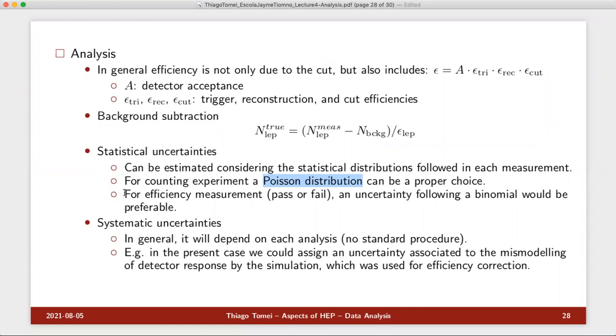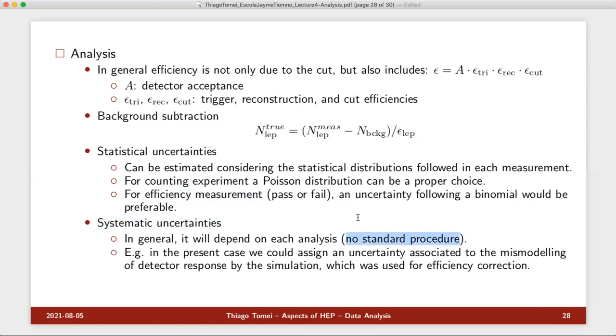If you are using event counts to measure an efficiency, how many events pass, how many events fail, maybe you would prefer to follow a binomial probability distribution. And then there is all of the other things that are not statistical. There is no standard procedure.